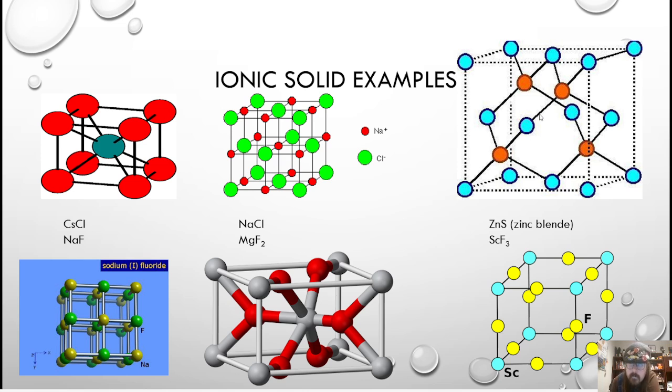We have zinc selenide. It's called zinc blende crystal structure, but in this case, I think the zinc is 4 atoms within the body, and the sulfur is a face-centered cubic, such that 4 in the body is perfectly matched by 4 on the faces, so it gets a 4 to 4 or 1 to 1.